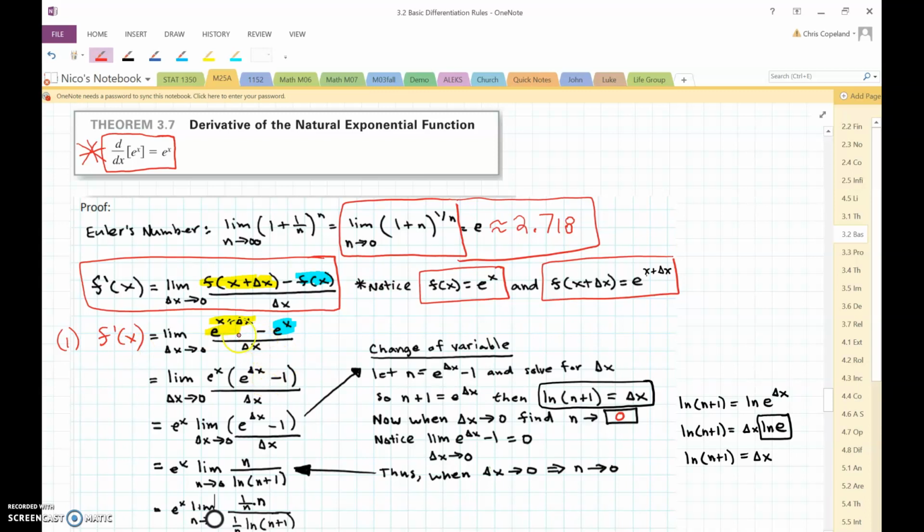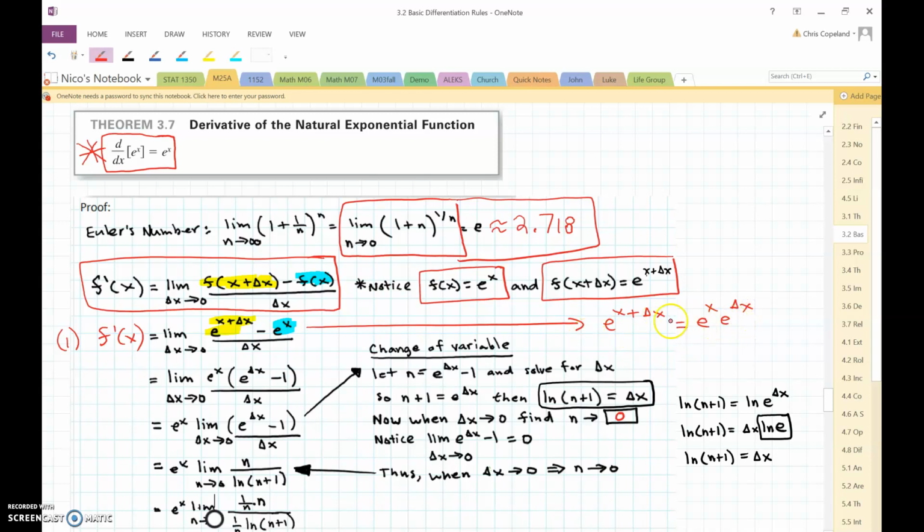Step 2, we're going to do some factoring. We've got e to the x plus delta x. Remember the rule: when multiplying like bases, you add the exponents.